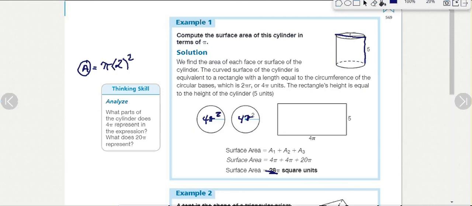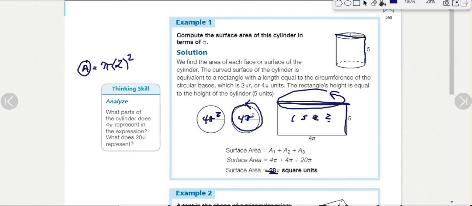Now how about this? Lateral surface area. Well, if the height is 5, that's this for the cylinder. And then how about the part that wraps around the top here, right? That's this right here. That's the circumference of these circles.